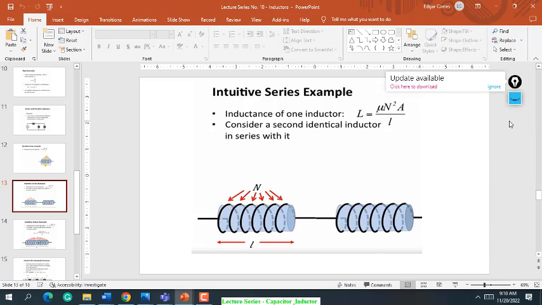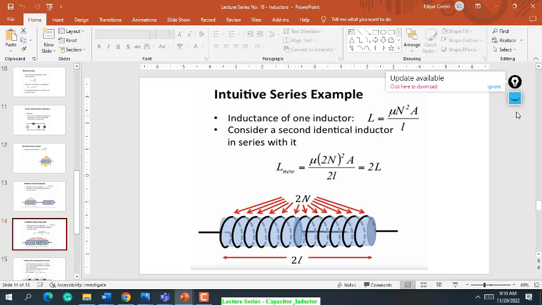Okay, so in capacitor, we cannot simply add the two capacitors in series, no? We add the inverse. But if they are connected in parallel, we can simply add. So what happens in the inductor? When you have two inductors connected in series, for example, this is the first inductor and then the second inductor, just add the two inductors, or 2L.